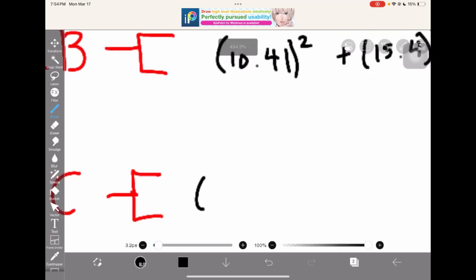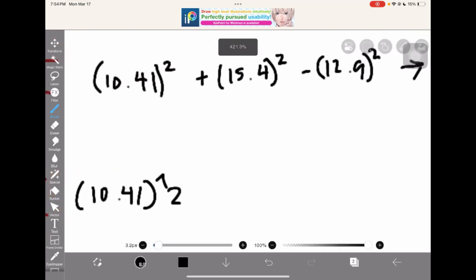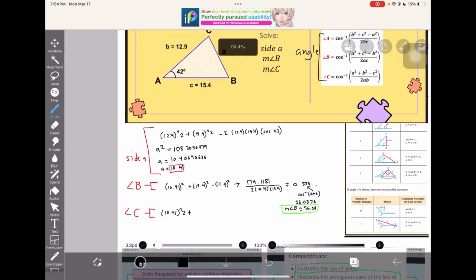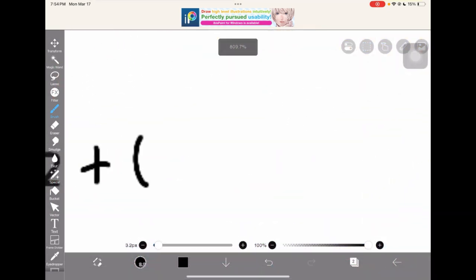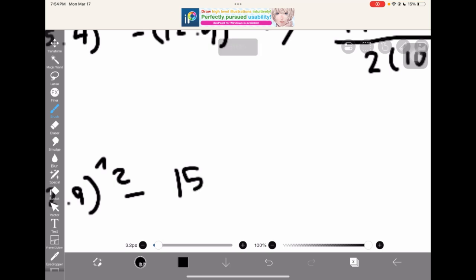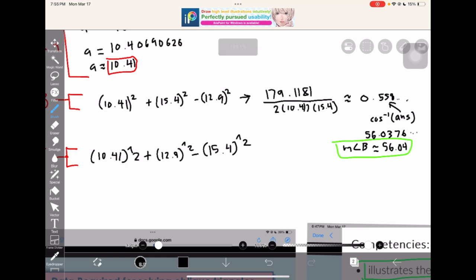So we got 10.41 raised to the power of 2 plus 12.9 raised to power of 2 minus 15.4 raised to power of 2.